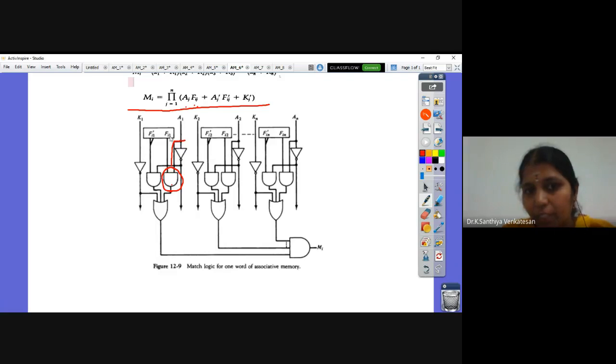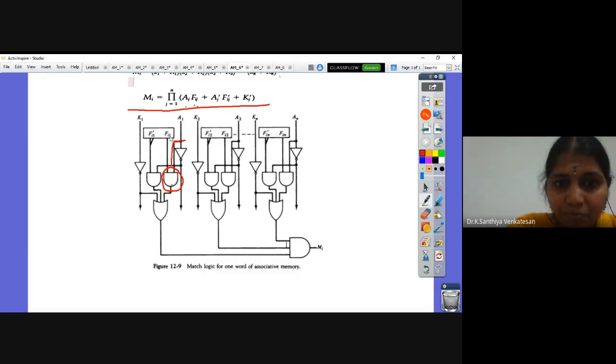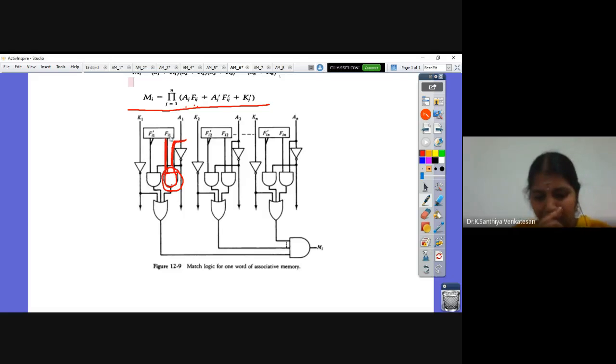Similarly, your memory word contains Fi1, Fi2, ith word first bit, ith word second bit, likewise up to nth bit. This is the organization. That's what we have seen in the typical architecture of your associative memory itself, right? So here, Aj, Fij. You take the value of Aj and you take the value of Fij directly, and both should be ANDed. So it is given to an AND gate.